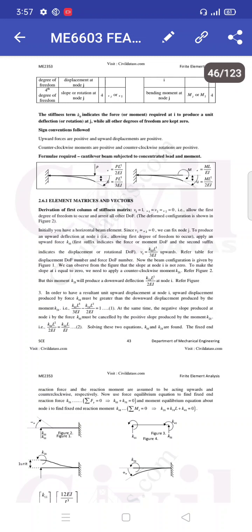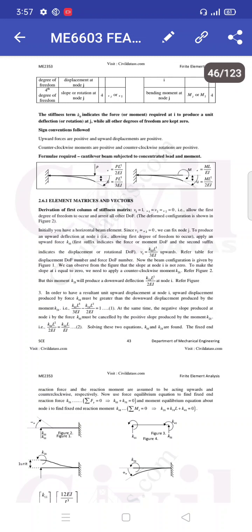Upward forces are positive and upward displacements are positive. Counterclockwise moments are positive and counterclockwise rotations are positive.